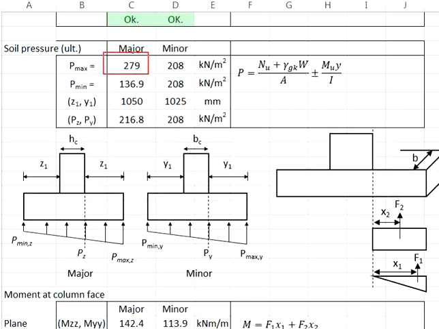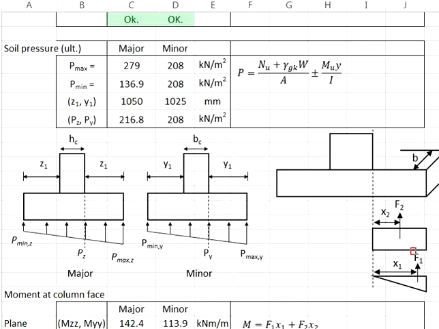Use 279 P max minus PZ 216.8. That gives you this height. The area of the triangle will be this height multiplied by the Z1 multiplied by half, the standard equation for the triangular area. This will give you a resultant force F1.